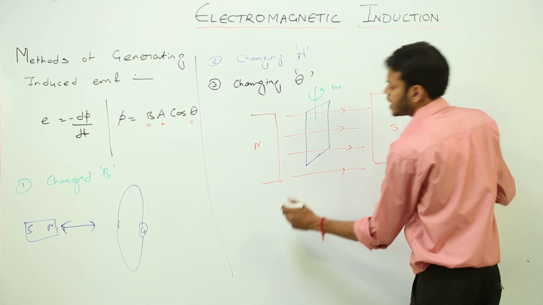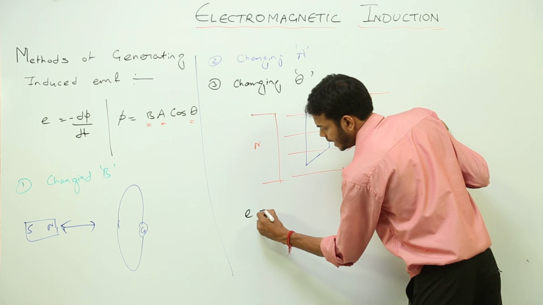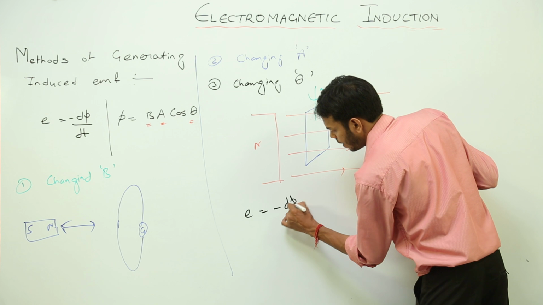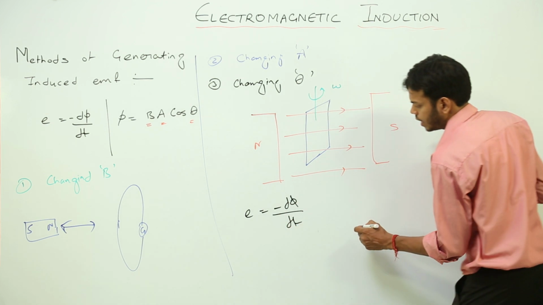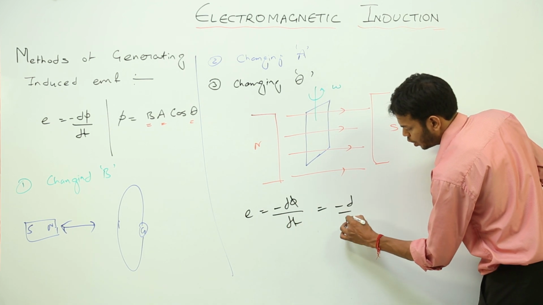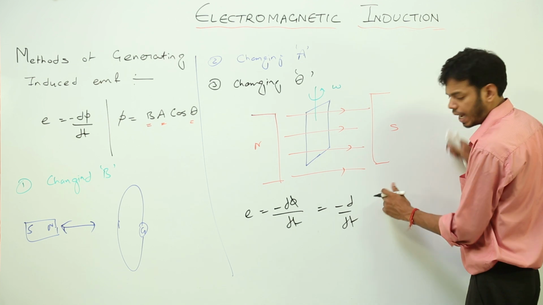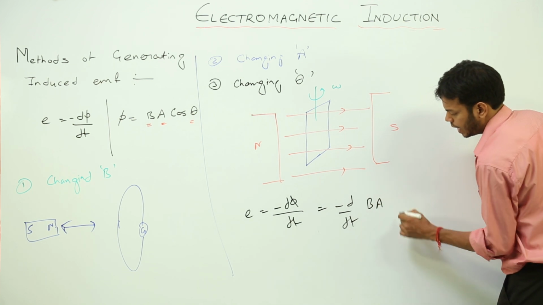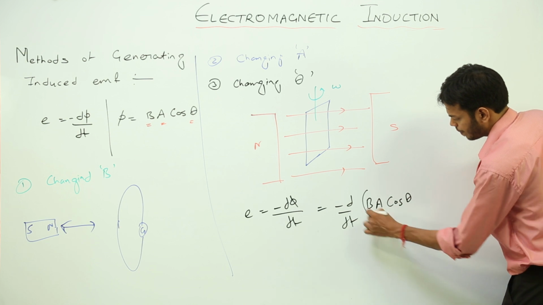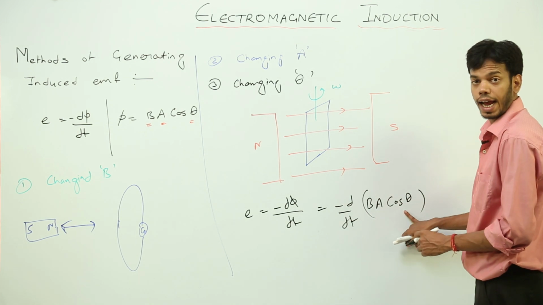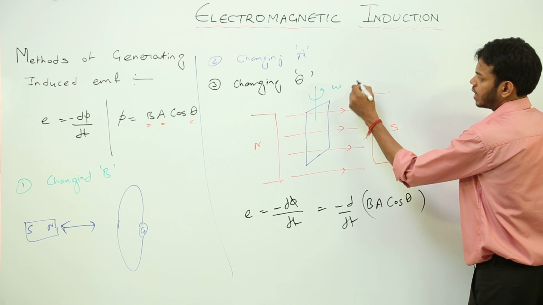So we'll start with E is equal to minus d phi upon dt, which is equal to minus d upon dt of, instead of phi I am writing B A cos theta. Instead of theta I can write omega t.